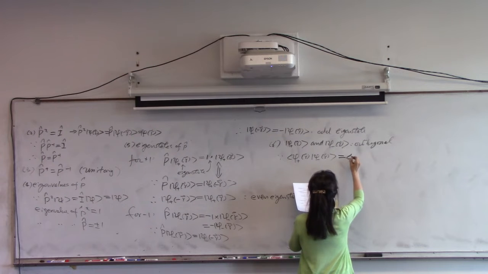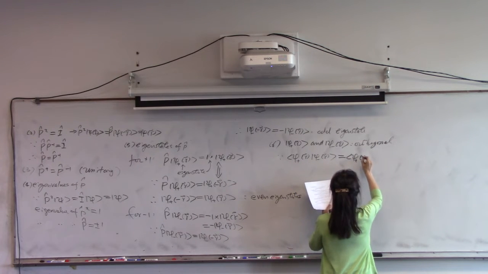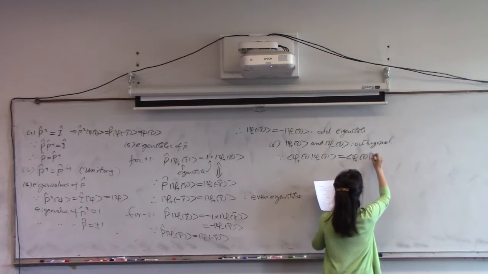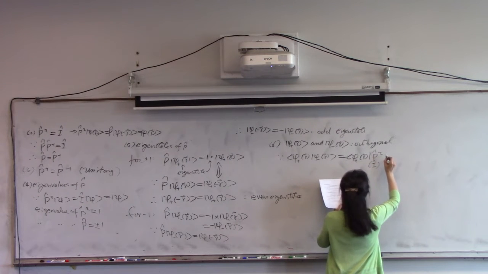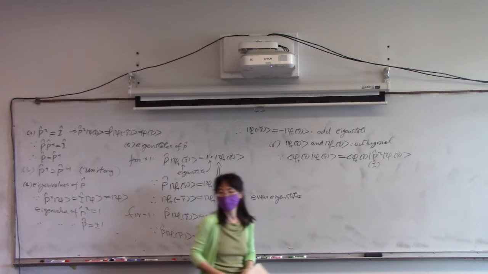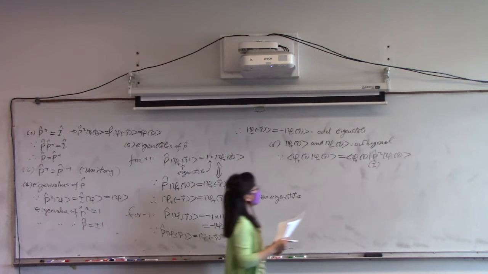I'm going to keep the plus state, and inside I insert P squared, because that equals the unity operator, right? That's why the unity operator is very useful when we do the analysis.